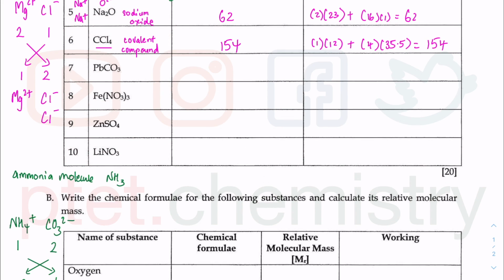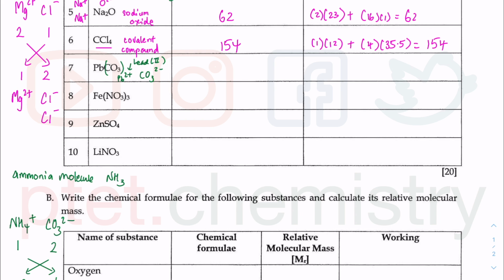Number 7, so we have this thing called lead 2 carbonate, because as you know, we have carbonate ions, which is CO3 2 minus. The charge is 2 minus. The 3 refers to 3 oxygen at the bottom. So these are the kind of ions from that table which are not given in exam or in test. You have one of that carbonate ion, so one of that 2 minus means that you must have Pb2 plus, and Pb2 plus is your lead 2 carbonate.